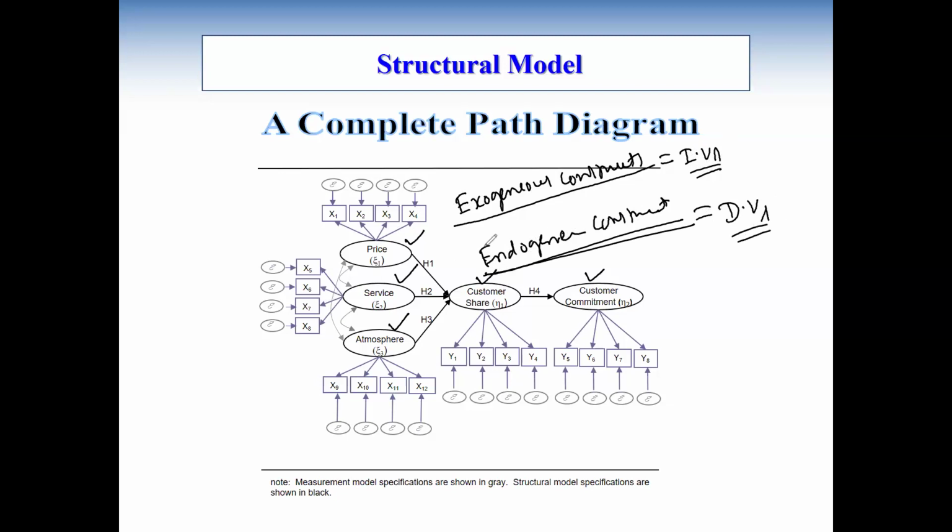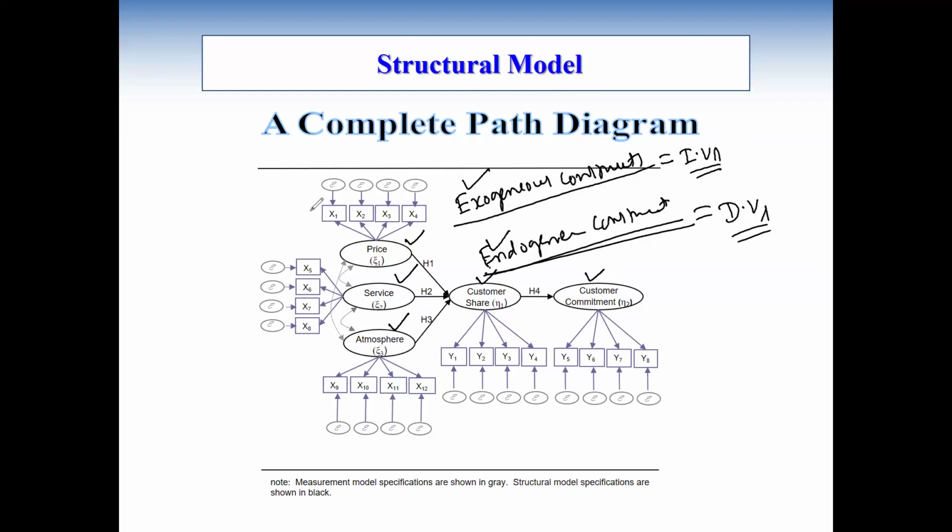So throughout structural equation modeling, we use 2 terms, exogenous and endogenous, instead of independent and dependent variable. Exogenous means a combination of independent variables, and endogenous means a combination of dependent variables.